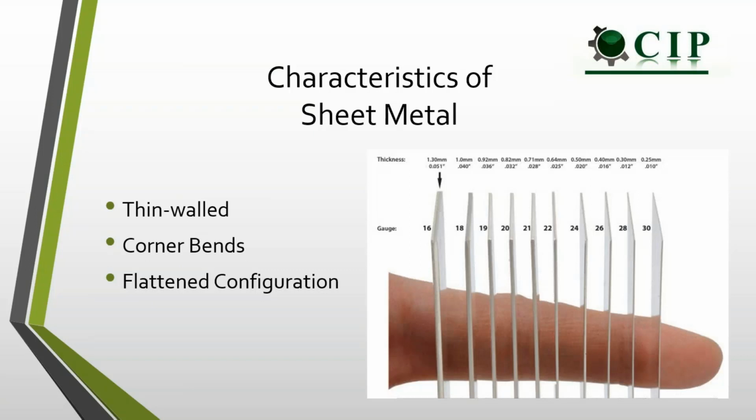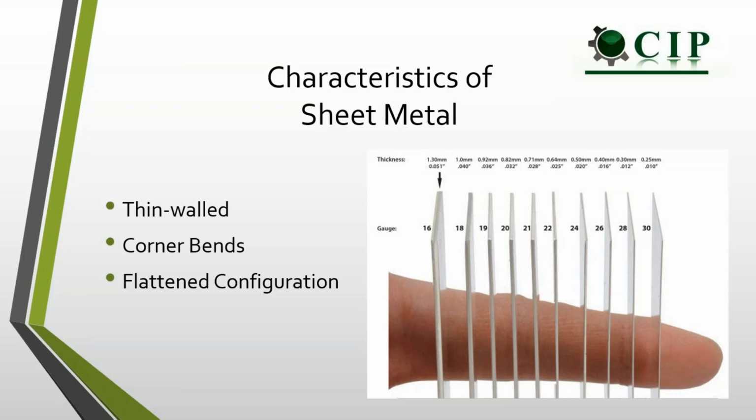If you take a look at the diagram here, you'll see some examples in comparison to the human finger and how thin sheet metal can be. The way that we measure sheet metal is using the gauge system, and that's a non-linear metric that's used to define how thick sheet metal is. You'll notice here in the diagram that as the numbers for the gauge get larger, the thickness of the material is smaller.